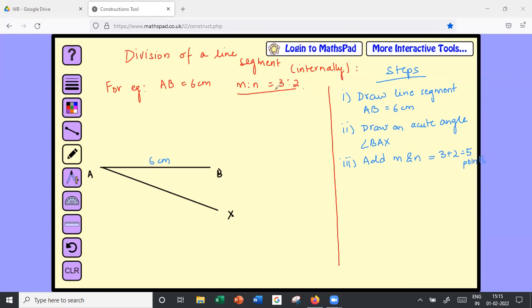Now you take your compass. Set it to any random distance, no hard and fast rules. I'm taking a small one because my line is small. And you just place it on A.